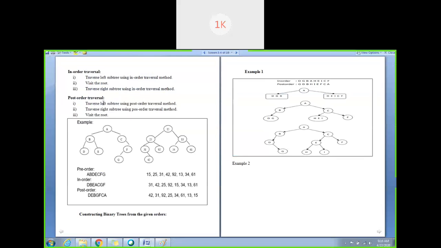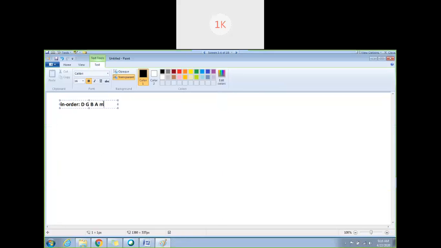D, G, B, and then A, H, E, I, C, E, F. Is it right, guys? And then what is the post-order? We will check.